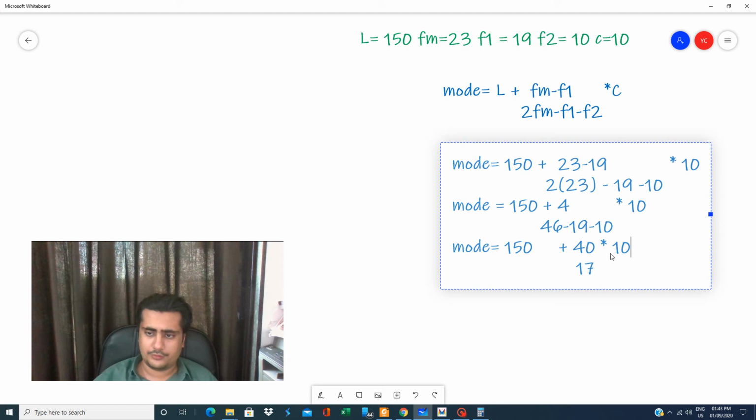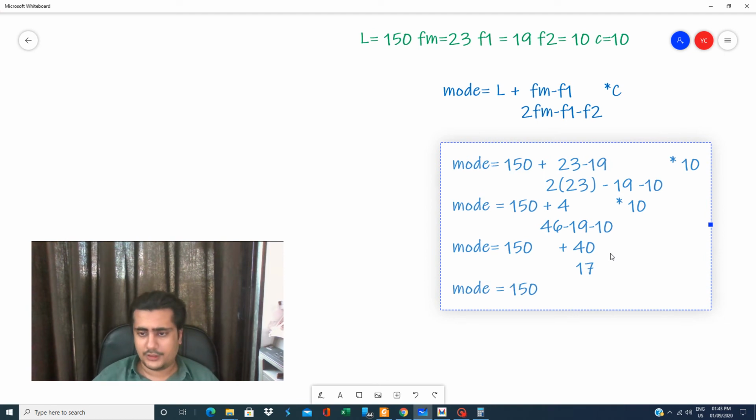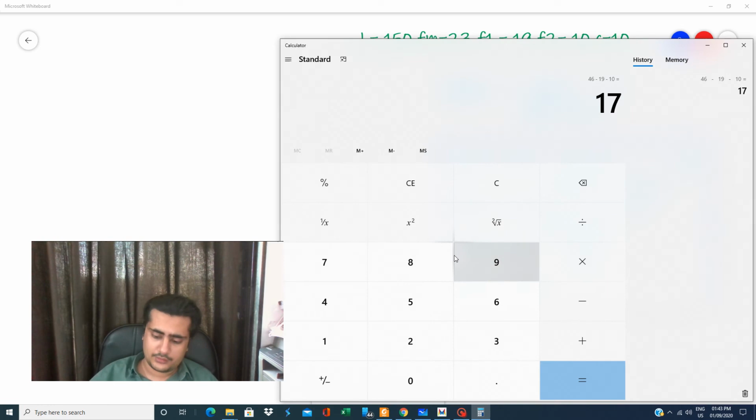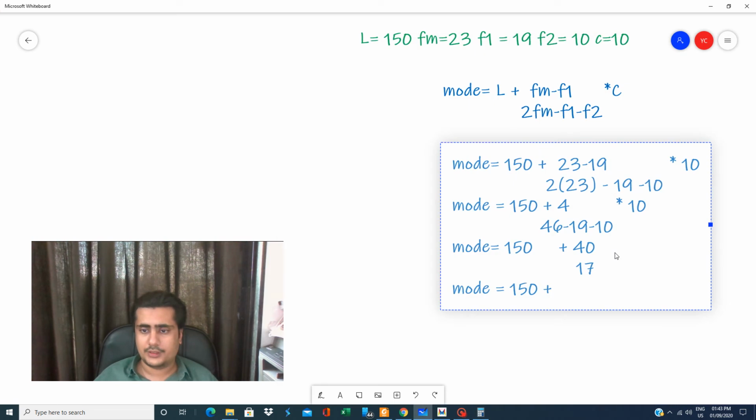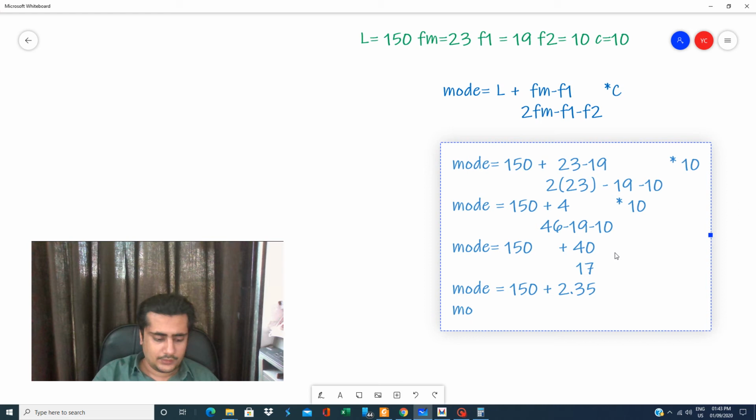So, sorry, the 10 we have already applied. So mode is 150 plus 40 by 17, which is 2.35. So the mode is 152.35.